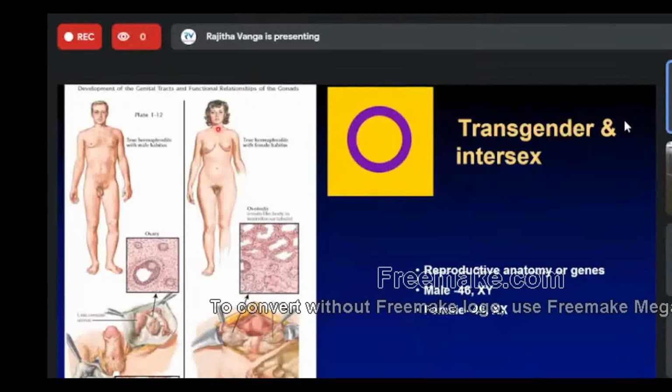On the other side, you can see a female here having a hyperdeveloped small penis, and we can see a rudimentary uterus and ovaries here. Such anomalies are considered to be intersex individuals. So the main difference is that transgender is a gender identity issue, but intersex is determined by biological characteristics.